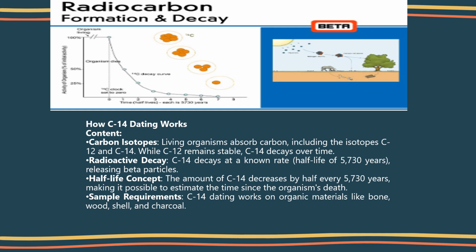By measuring the ratio of C-14 to C-12 in a sample, scientists can calculate how long it has been since the organism died. This process involves machines like AMS. What is AMS? AMS is an accelerator mass spectrometer, which measures the number of C-14 atoms in a small sample with incredible precision.